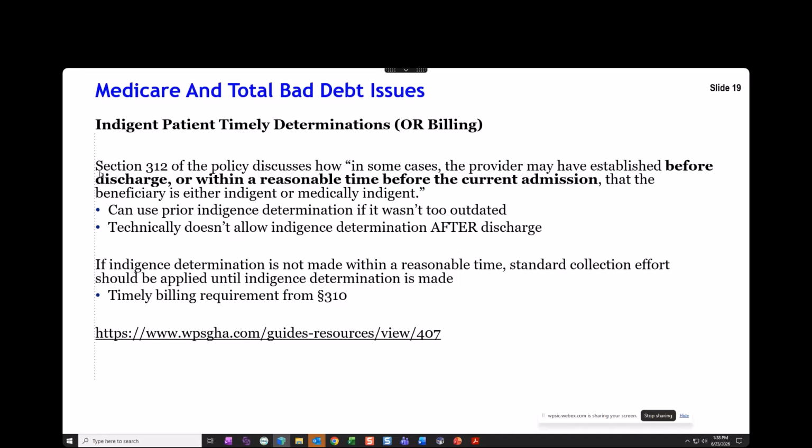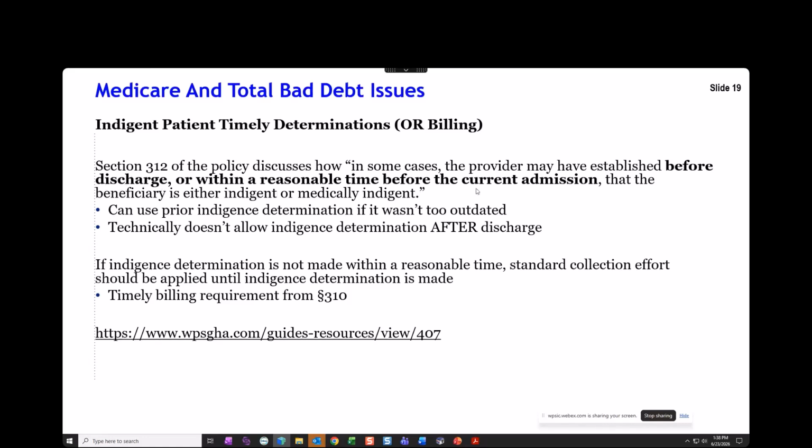If you take a look at Section 312, which is the only authority there is for indigence itself for the timing, it says in some cases the provider may have established before discharge or within a reasonable time before the current admission. Now, before discharge means that the patient's in there, they've got their documentation, and after a couple days, they've determined them to be indigent. And it's before discharge. So that makes perfect sense.